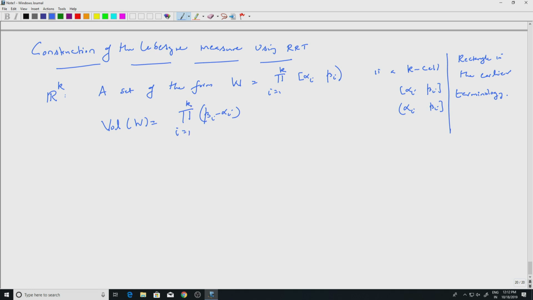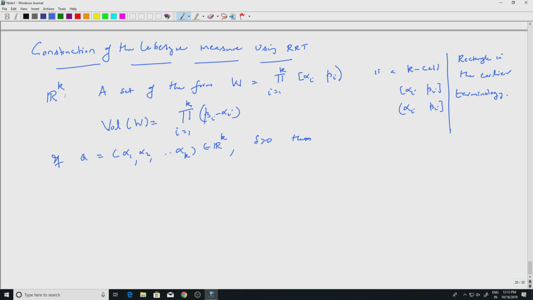Now, let A equal to alpha_1, alpha_2, etc., alpha_k. So, this is a point in Rk, and delta is positive.